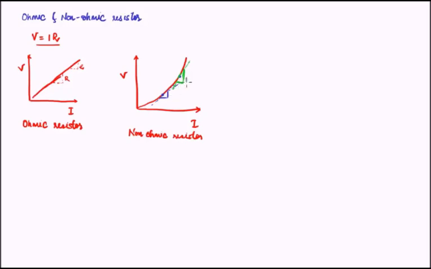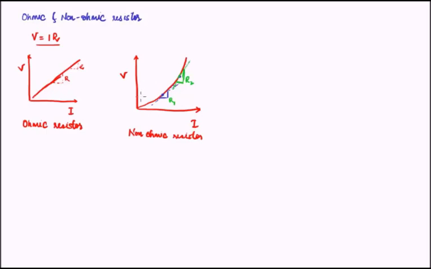We can clearly see that this R2 is far more than this R1. Since there is a continuous change in resistance, obviously it is not following Ohm's law. And this changing resistance with changing current and potential is known as dynamic resistance. It is dynamic in the sense that it is continuously changing depending on where we are. Fine. So this gives you an idea about ohmic and non-ohmic resistance.